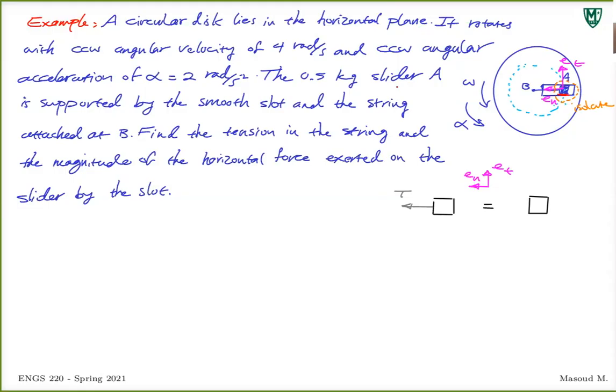Or again, in a horizontal plane, it's hard to refer to it. But now that it's rotating counterclockwise and the acceleration is counterclockwise, obviously for the disk to carry slider A with it, the contact should be at the bottom. Slider A should be in contact with the disk at the bottom, the red area I can draw. So I'm going to put the normal, smooth contact or normal force right there.